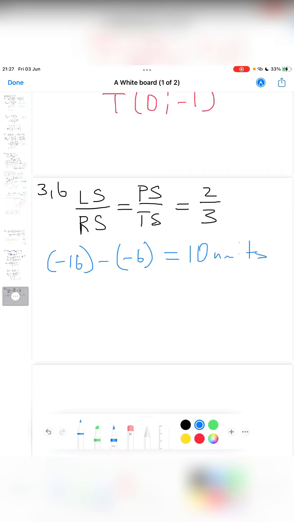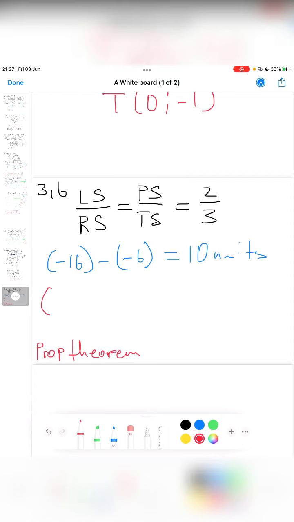Can you please state that theorem again? Okay, so that theorem, let's say, is the proportion theorem.